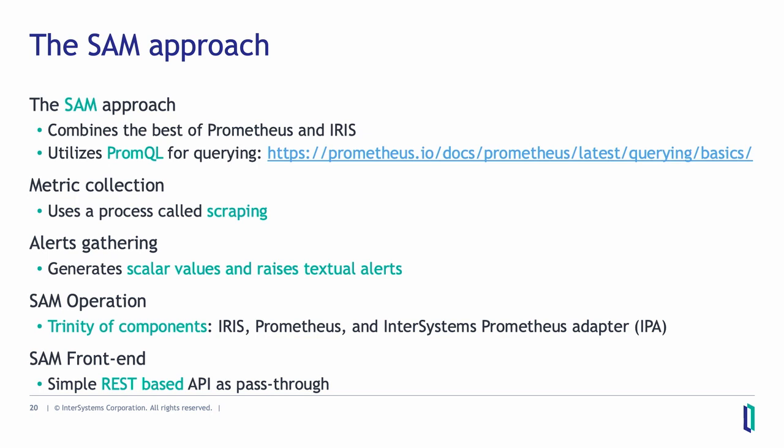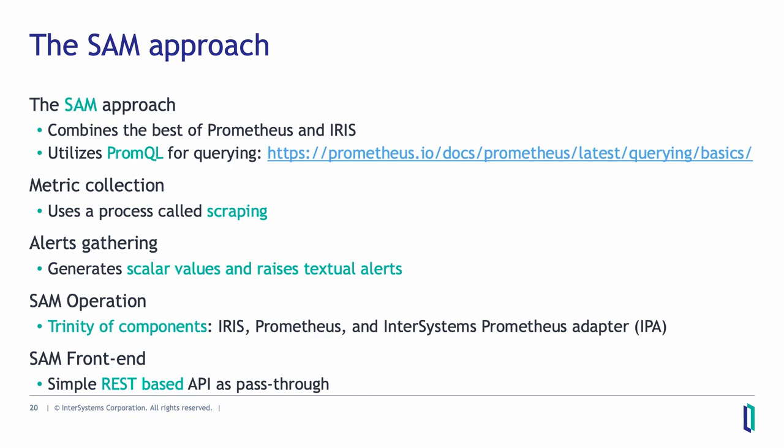SAM implements its own REST API, which provides for both command and control of the SAM product, but also permits a pass-through from Prometheus-specific query APIs. The pass-through enables third-party products such as Grafana to be configured to query SAM, thinking that they're talking directly to Prometheus itself.